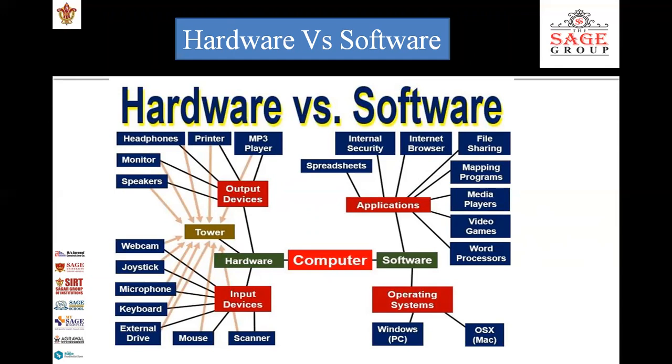These are the output devices. And if you talk about the software, that will be like internal security, internet browsers, file sharings, mapping programs, media players, video games, word processors, and applications. These are the softwares in the form of codes. And we talk about in terms of the hardwares, output devices.